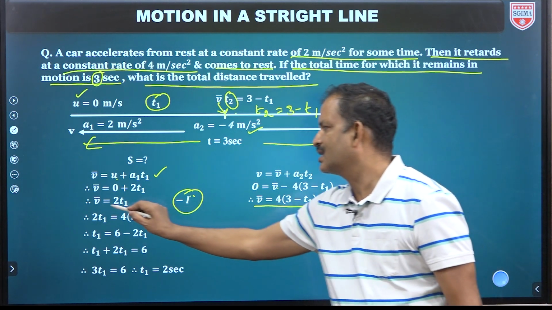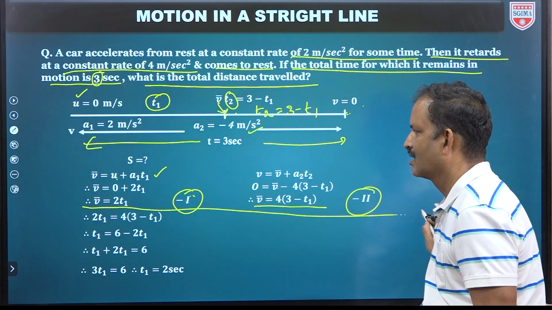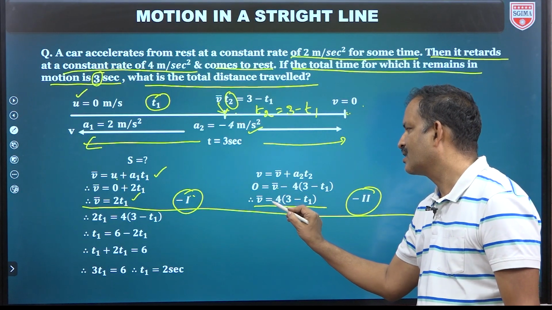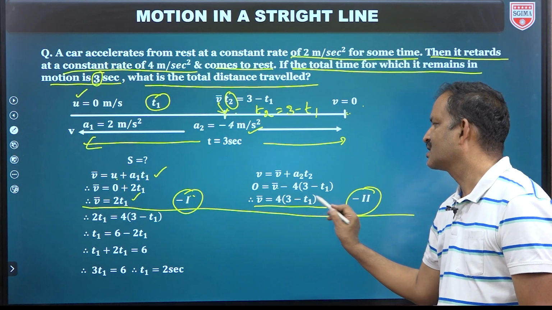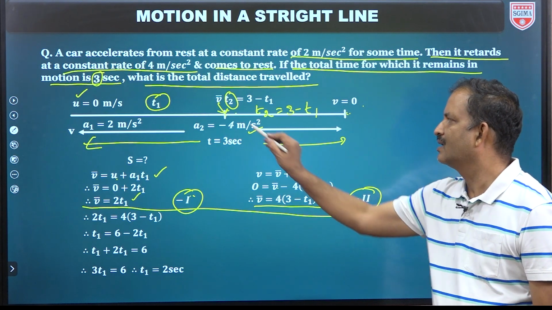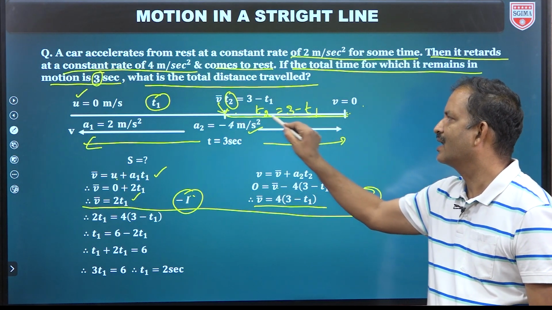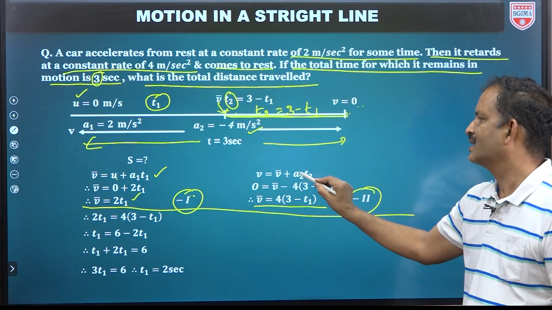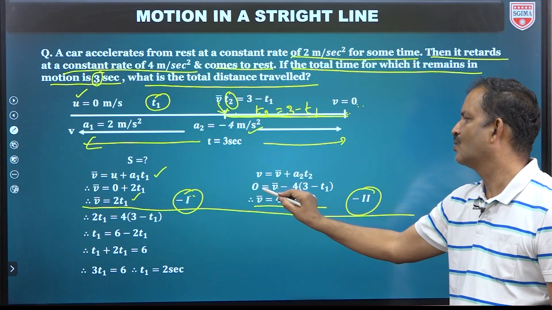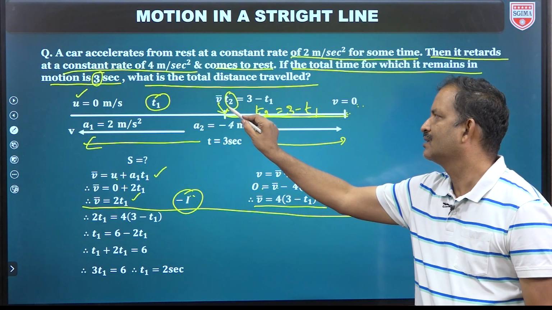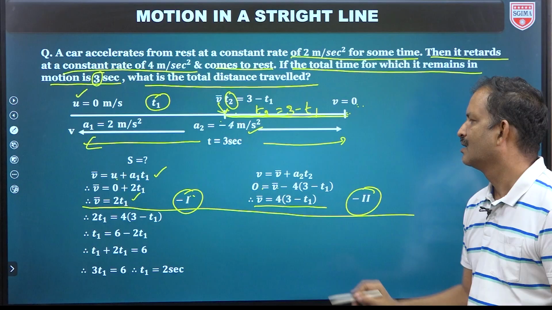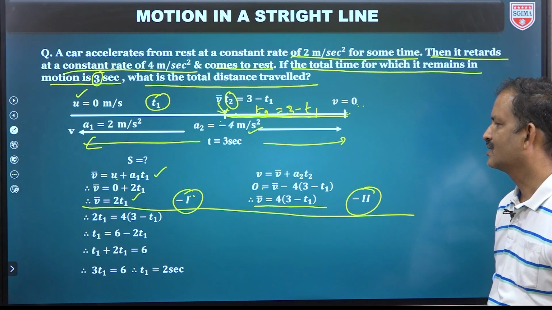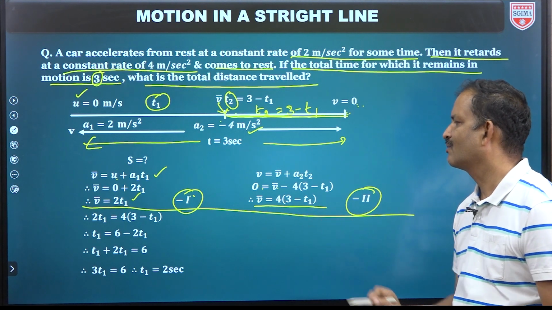In the first equation, I got 2t1. Here, I got 4 times 3 minus t1. Here, I am applying the formula again, v is equal to u plus at. Here, final v is 0, u is v, a is minus 4, into 3 minus t1. So, v is equal to 4 times 3 minus t1.